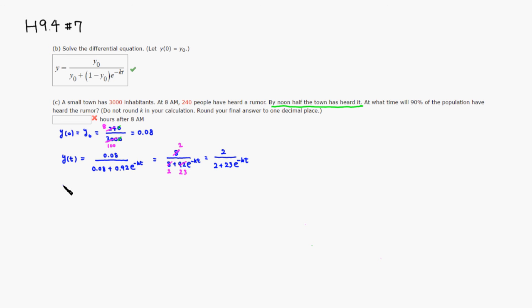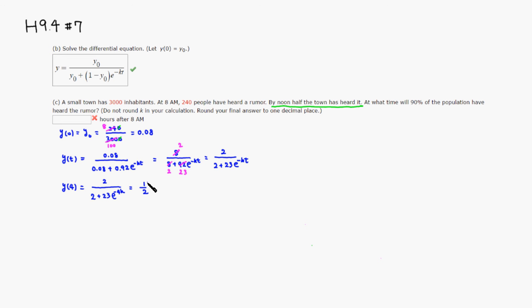So y of 4, which is 2 over 2 plus 23 e to the negative 4k, is going to be equal to 1/2. So I'm going to try to solve for maybe e to the k.